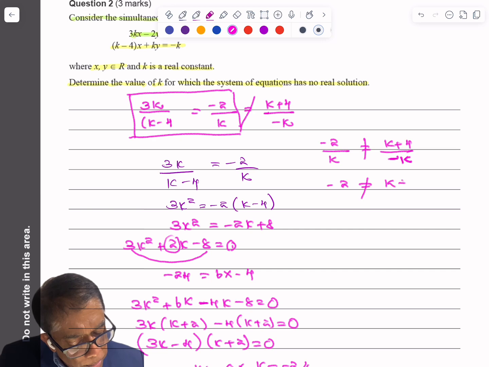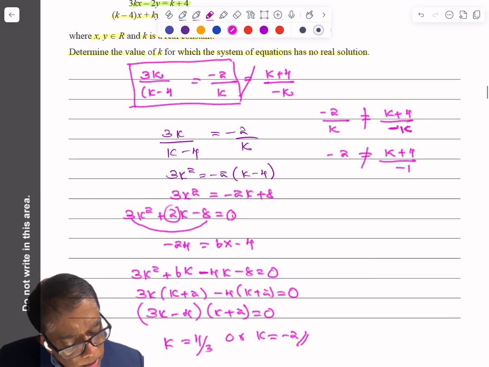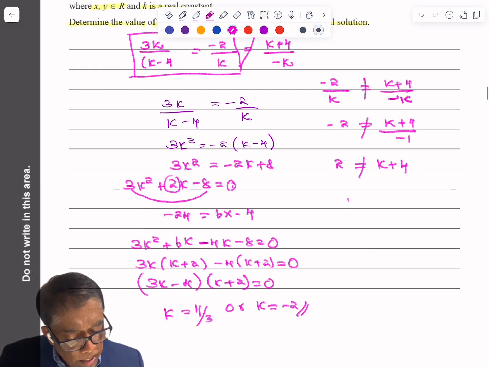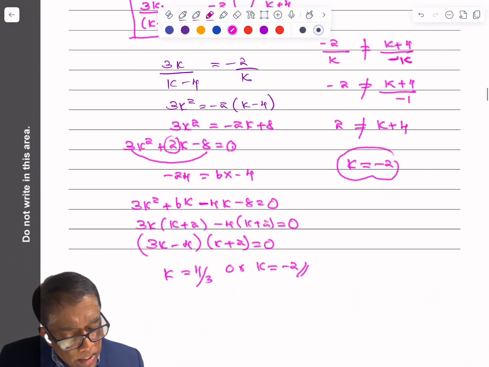Now if we multiply, 2 is not equal to k plus 4. k is not equal to negative 2. Here we get k is not equal to negative 2, but above k is equal to negative 2. Therefore we can't accept this one.